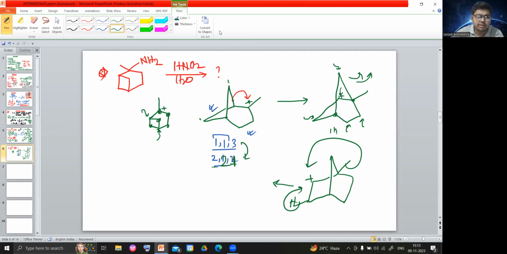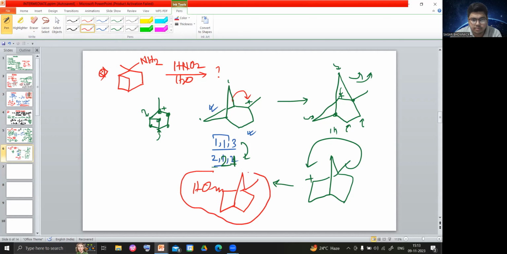So no more stability we are getting. So again, no expansion, no rearrangement. So finally, water will attack this carbocation. That means an OH group. So this will be our product.